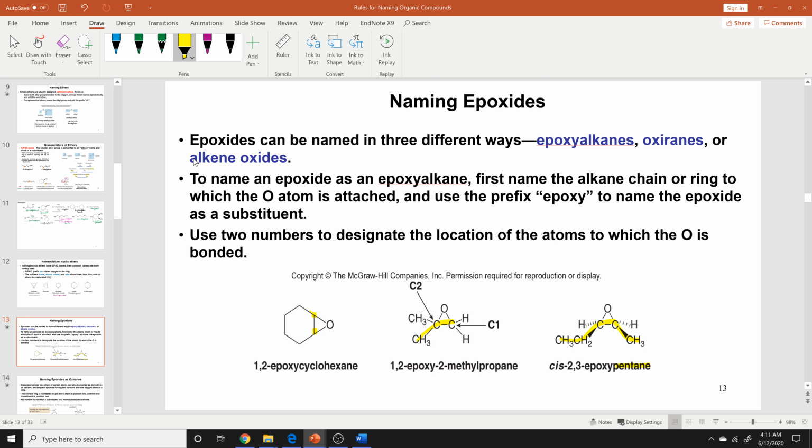So that is going to be carbon number 2, carbon number 3. So carbon 2 and 3, we're going to name them with the prefix epoxy. That is going to be 2,3-epoxypentane. But since I do have a stereocenter in this case, I have to say that it's cis, because here the substituents are on the same side.